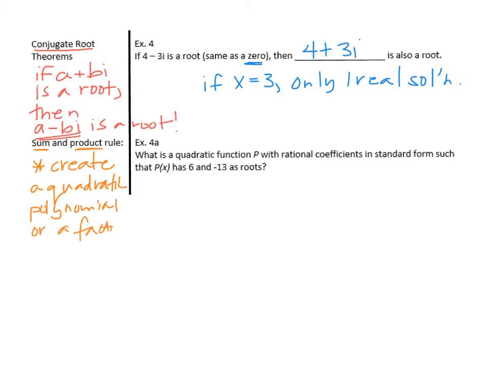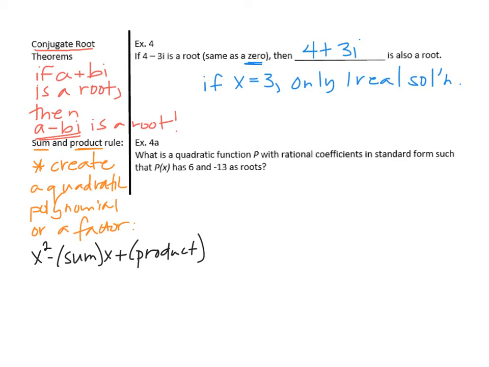And the definition, make sure to write this out. It's going to be in the form x squared minus the sum, which will be the coefficient in front of x, plus the product, and that will be the constant. So the sum and the product come from your two roots.